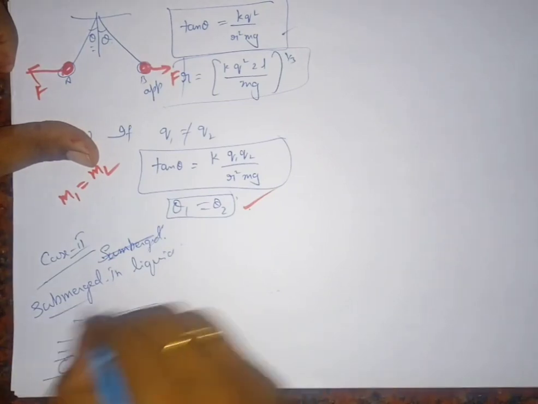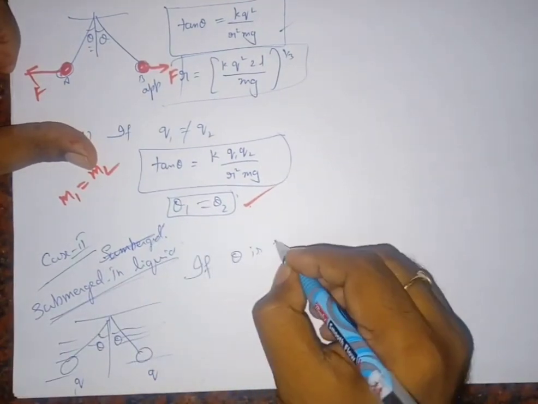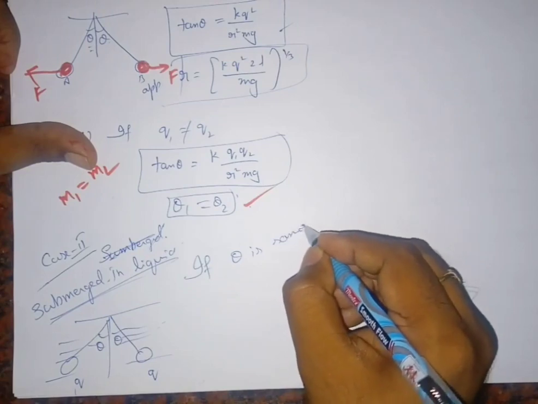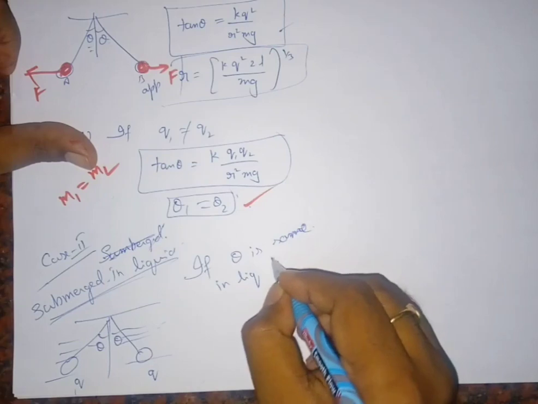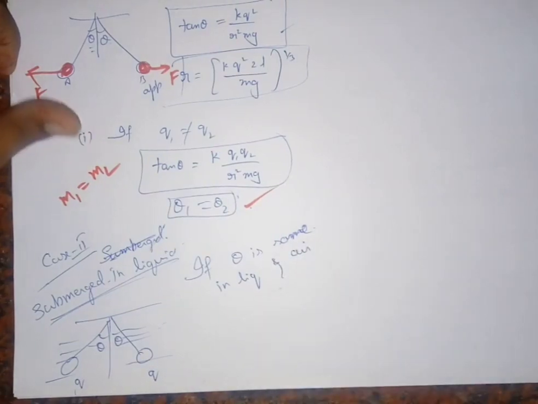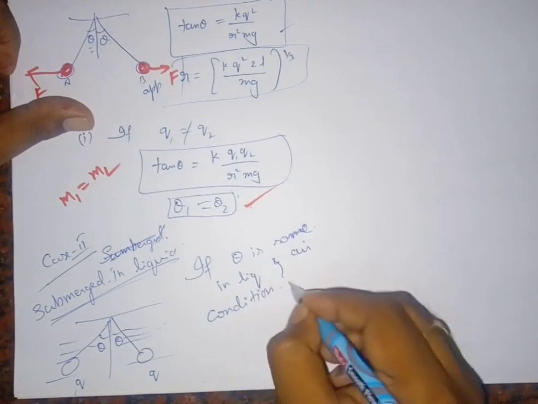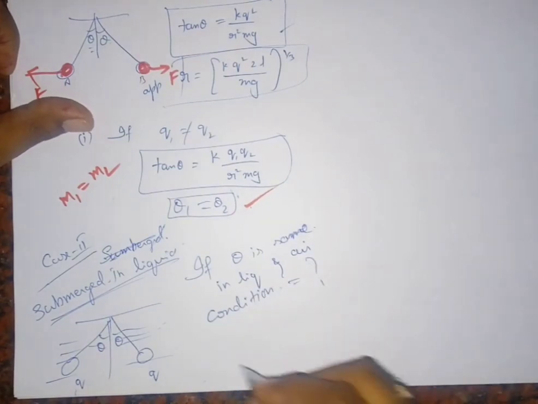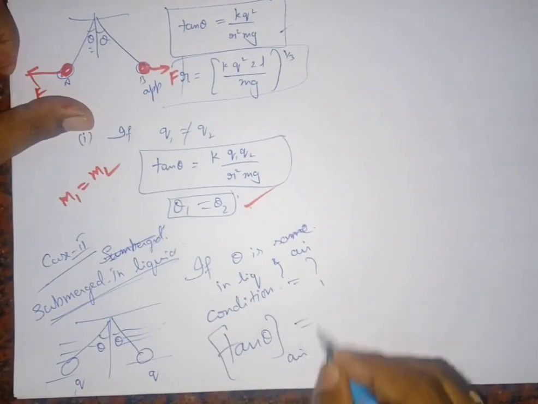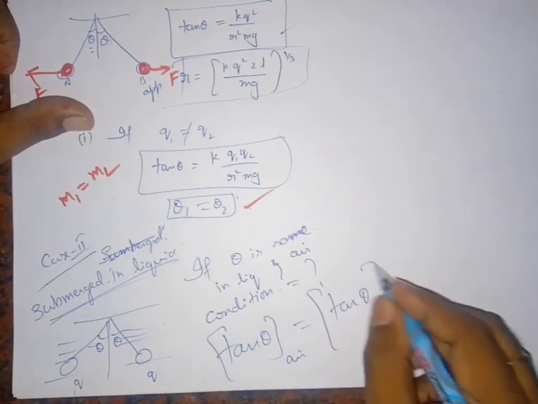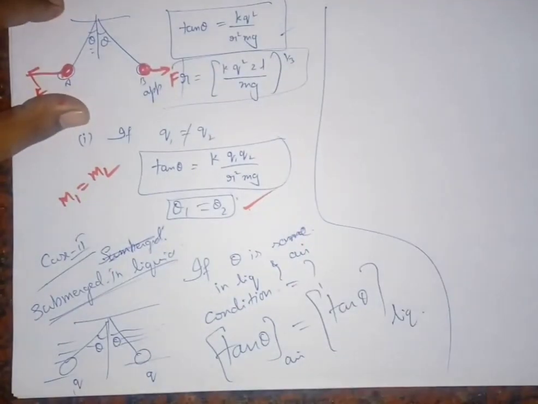Now if the angle is same in liquid and air, then what is the condition? Since angle is said to be same, let us equate the angle in air and angle in liquid and see what the condition is.